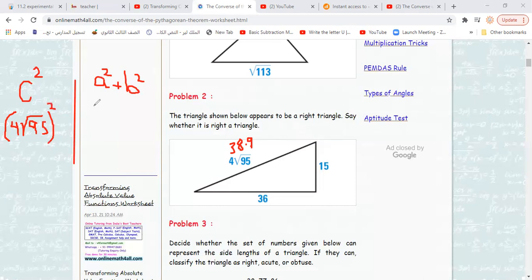And on this side we have 15 to the power of 2 plus 36 to the power of 2.